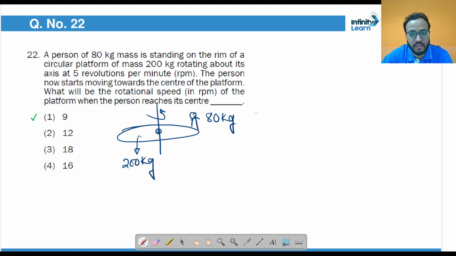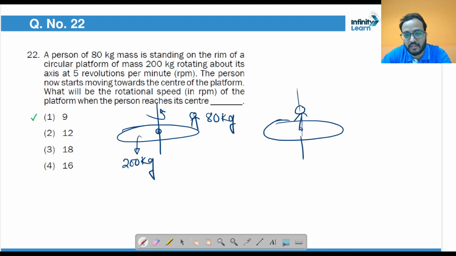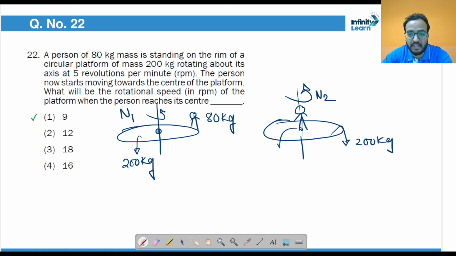So first of all, when the person walks and stands here, then you will say first it was rotating with n1, next time it is rotating with n2, right? So disc still has mass 200 kg, but this 80 kg man is on the axis, right? And net torque is 0, so angular momentum is conserved about the central axis.